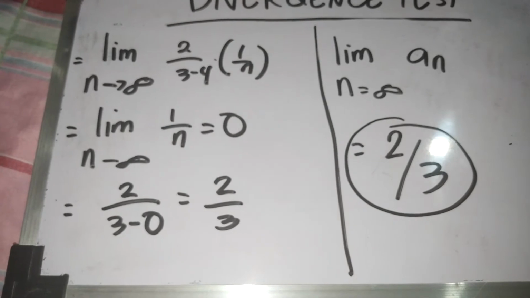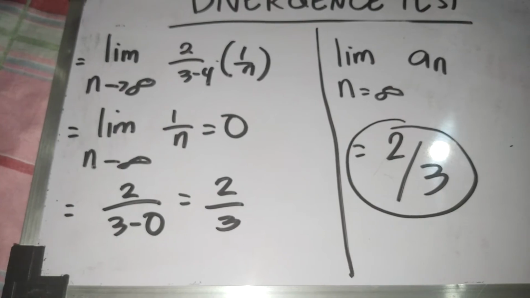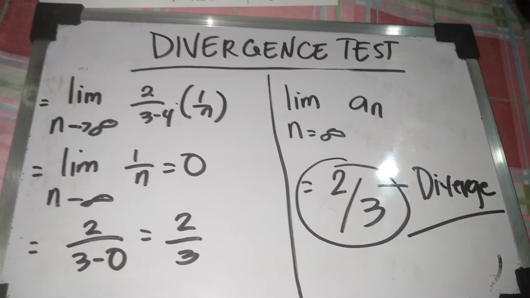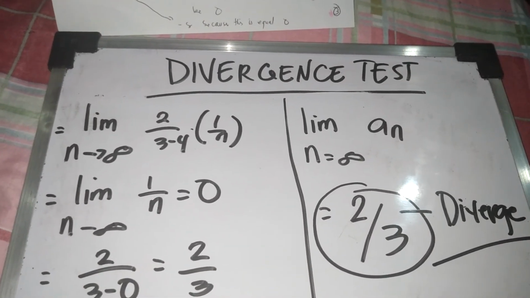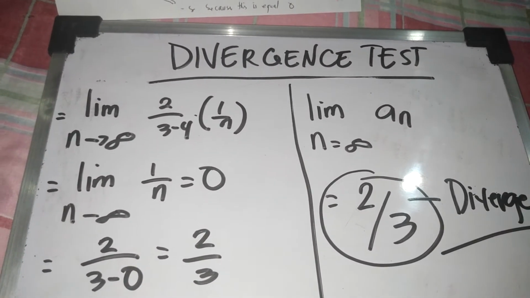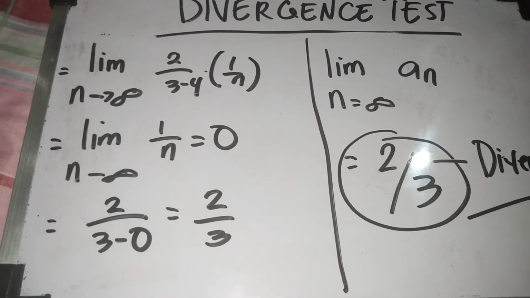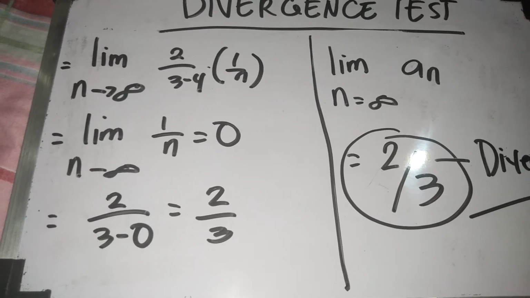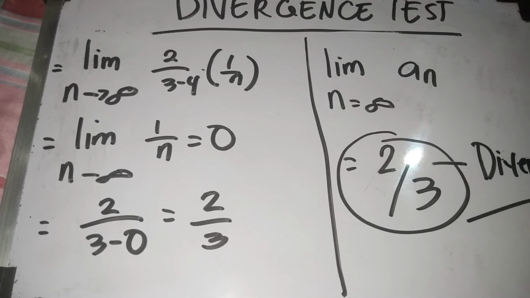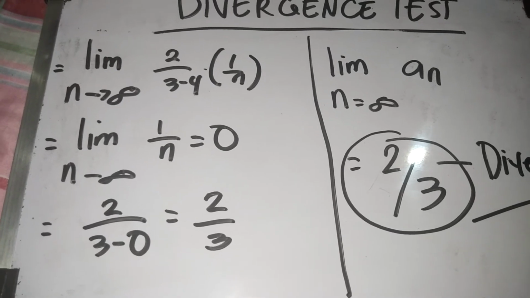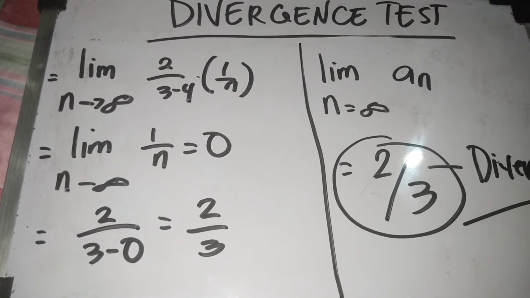But the fact that it does not equal 0 means the series diverges. Because if the sequence is 2 over 3 when n is very large, when you try to calculate the sum of the sequence for an infinite number of terms, you're going to keep adding 2 over 3 as n approaches infinity, and so the sum will keep getting higher.